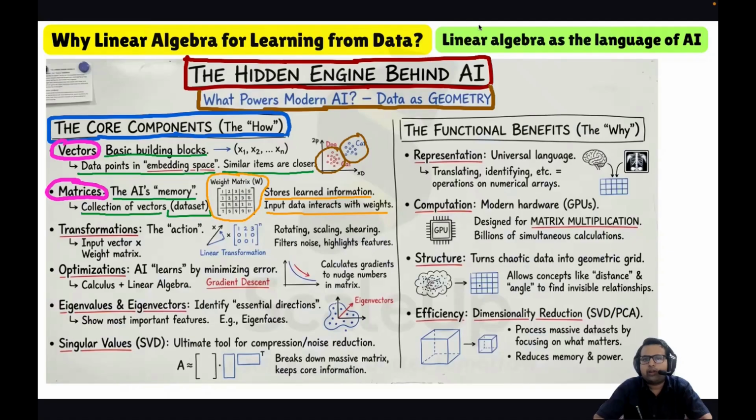Now the next core component of linear algebra powering the modern AI is transformations. Vectors and matrices are more of a representation, used to represent the data, but transformation is the action, processing the data. When an input vector is multiplied by a weight matrix, it undergoes a linear transformation, and that transformation can be rotation, scaling, shearing.